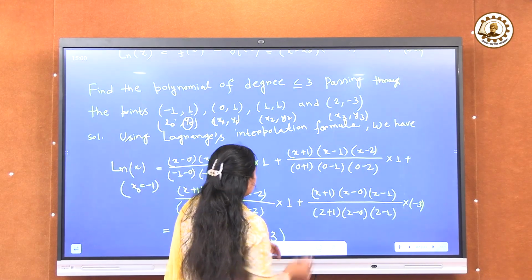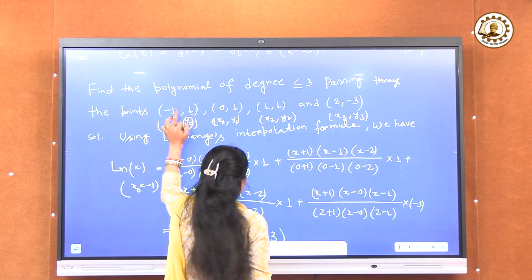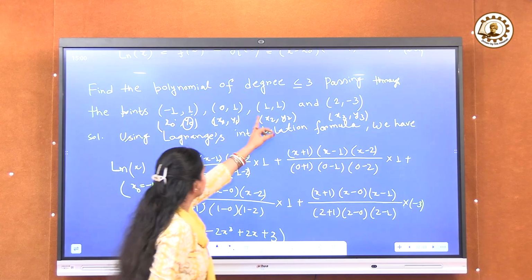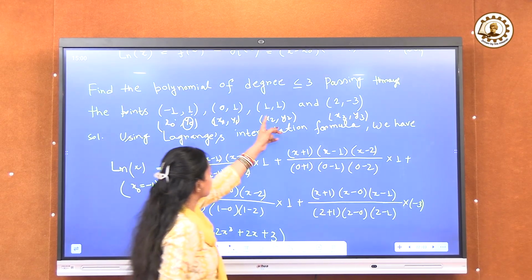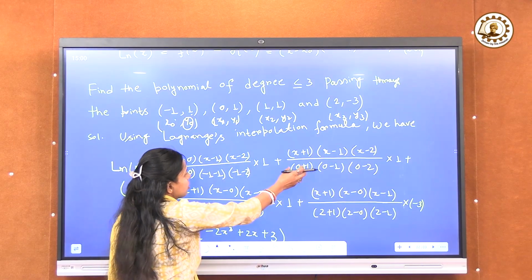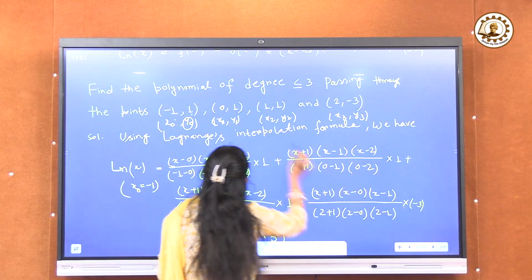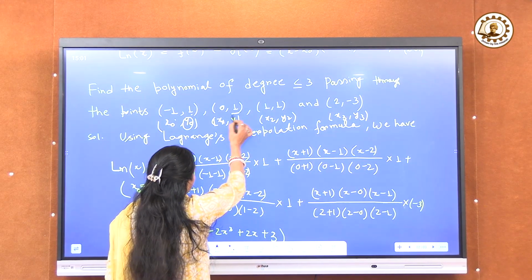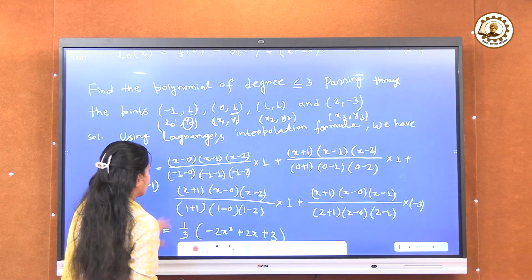Then applying the next part: (x plus 1), (x minus 1), (x minus 2), where the x1 factor is omitted, divided by x1 substituted: (0 plus 1), (0 minus 1), (0 minus 2), times y1.